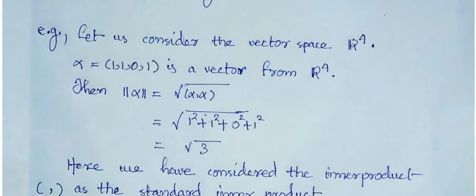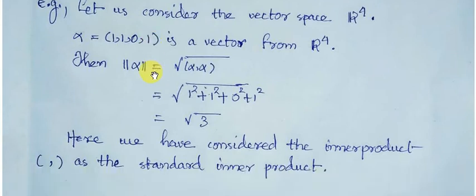This alpha vector being from R4 has 4 components, real numbers 1, 1, 0, 1, as we have considered. The norm of alpha will be the positive square root of the functional value of this ordered pair alpha comma alpha.